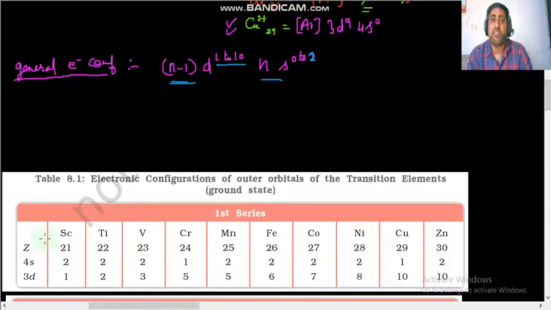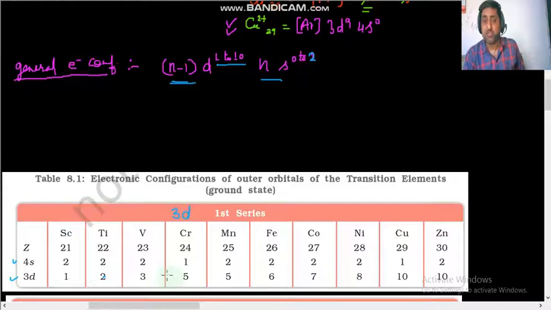This is the first series of the d block elements, that is the 3d series, where all the valence electrons are filled in the 3d subshell. Here you will see this is the row of 4s electrons, and this is the row of 3d electrons: 3d1, 3d2, 3d3.